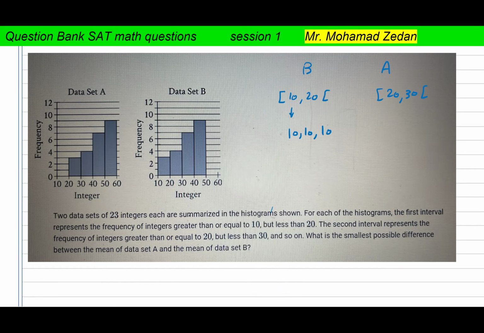And consider each of the three elements in the set here to be 29, the number just before 30, because 30 is open and does not belong to this set. 29, 29, 29. Now, each value is bigger than the value here by what? 29 minus 10 is 19. This is the maximum possible difference between the mean of data set A and data set B.